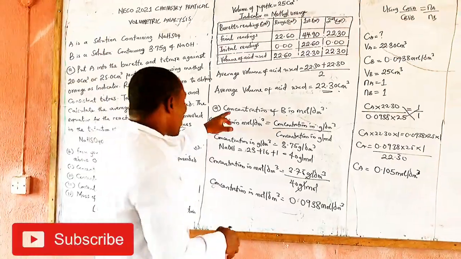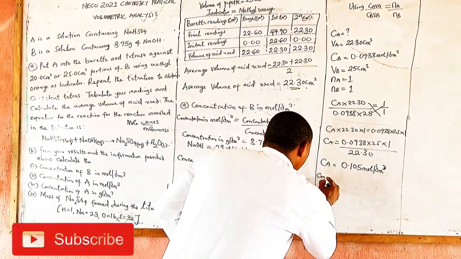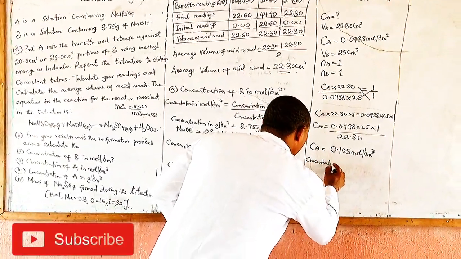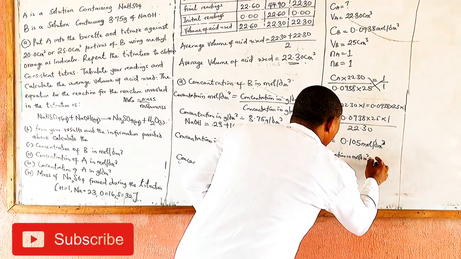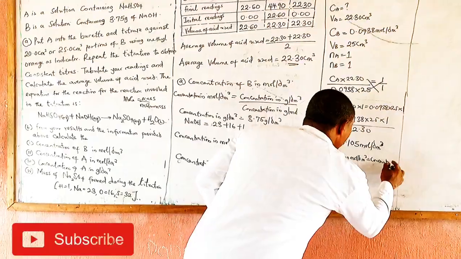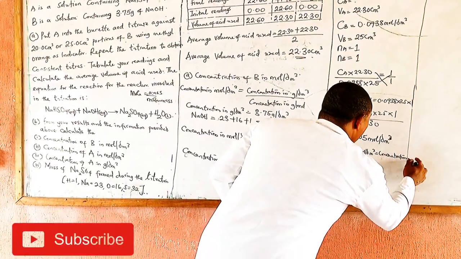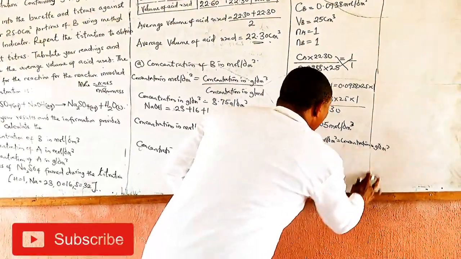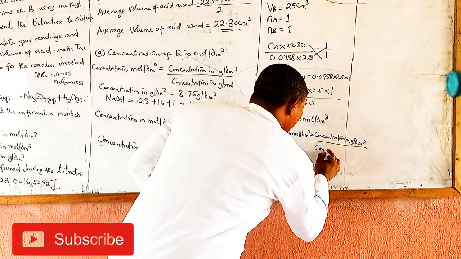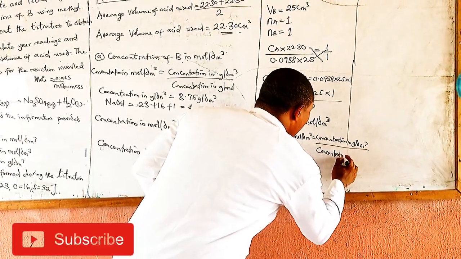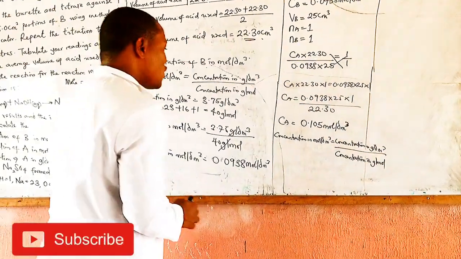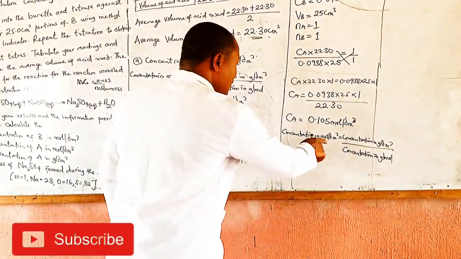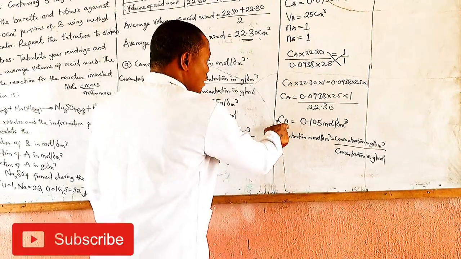So perfect. So we are coming back to say concentration in mole per dm cube is equal to concentration in gram per dm cube over concentration in gram per mole. Can we see that now? So we have concentration in mole per dm cube, which is this that we have gotten.